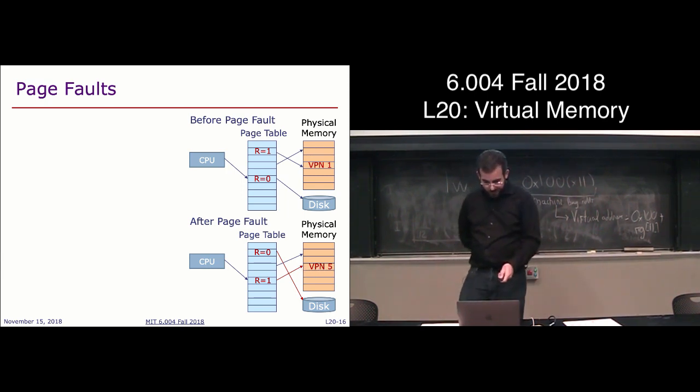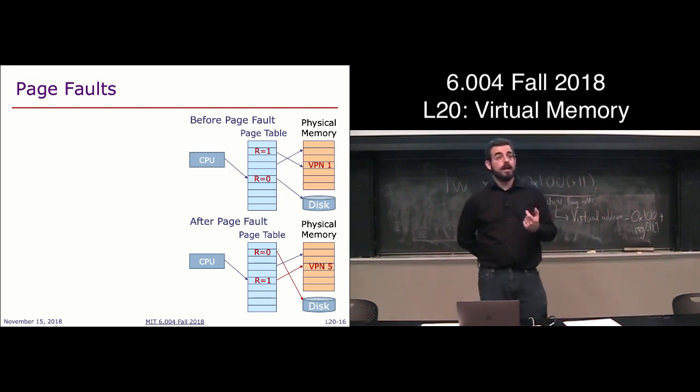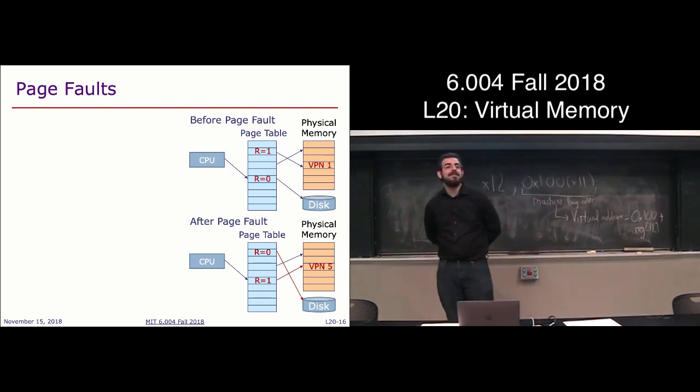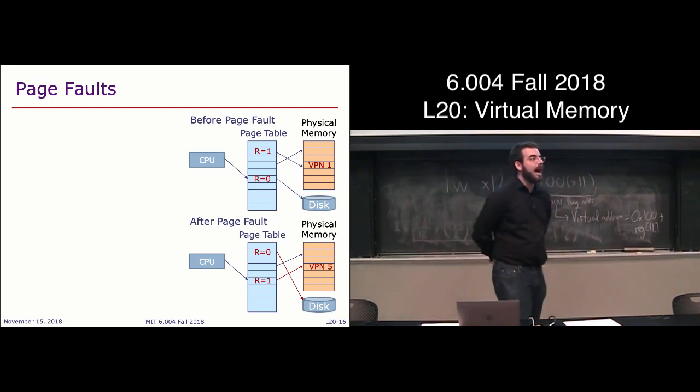And then it's going to alter the page table so that now virtual page 1, or page table entry 1, points to disk, to the right location on disk, and then for virtual page 5, we're pointing to the right location in main memory. Right? Essentially, we've swapped the pages, the locations in disk and main memory.